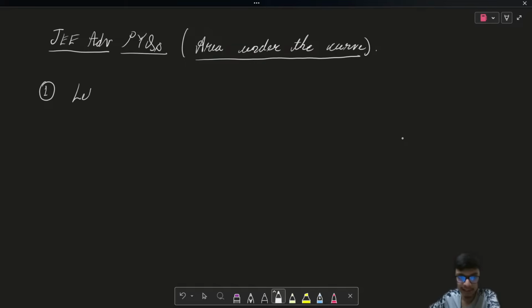The question says: let R denote the set of all real numbers.